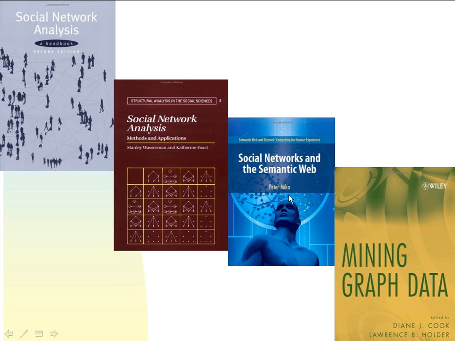The third book is fairly recent, 2007, and it's about how you can make interesting social network applications on the semantic web. And finally, this is a 2007 book about mining graph data. All interesting books if you're interested in this particular topic.